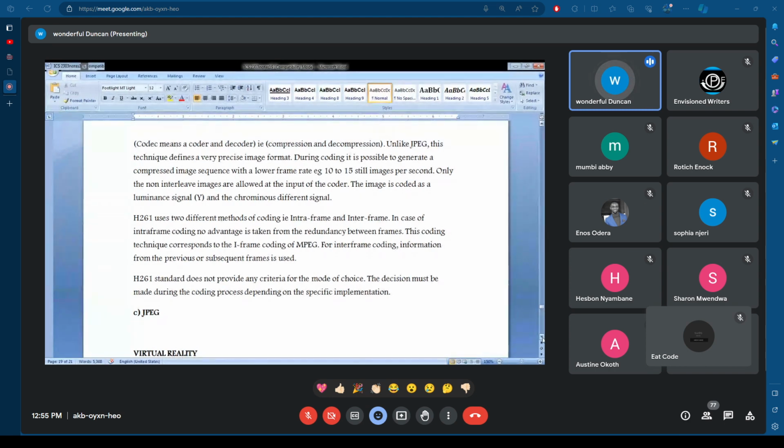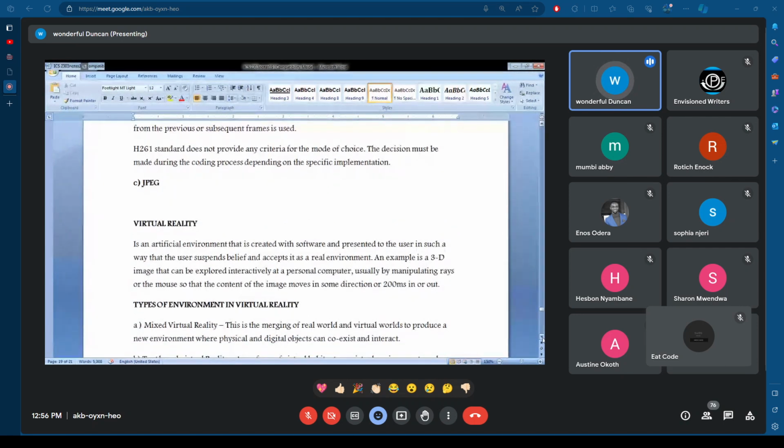The decision must be made during the coding process, depending on the specific implementation.